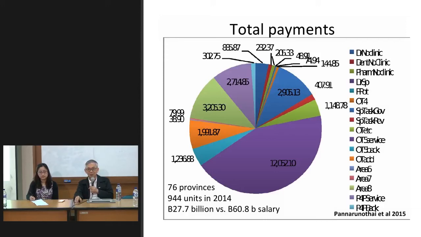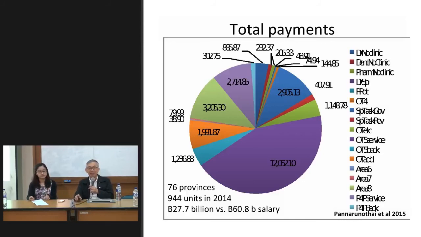In total, we had around 27 billion baht, as compared to the salary. The total salary was 60 billion baht. So this is almost half of the salary expenditure.